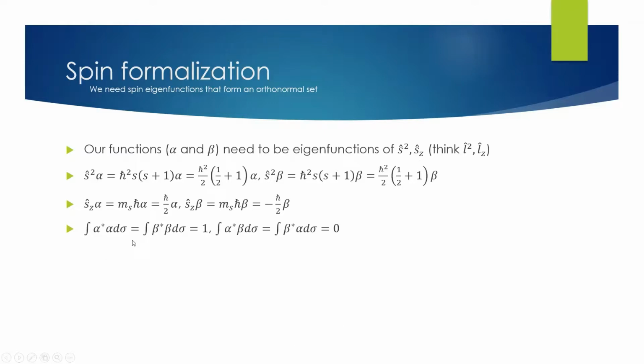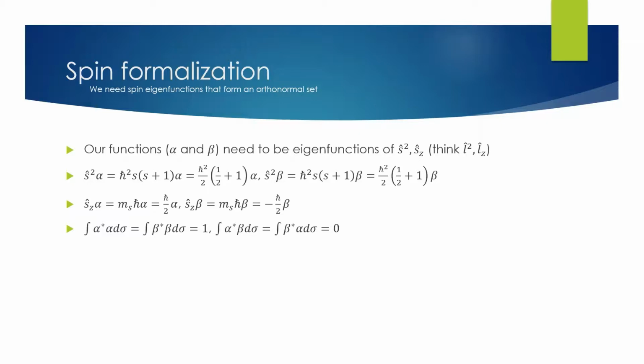So if we take the complex conjugate squared of alpha and then integrate that over its respective variable, which we call sigma, and when we do the same thing with beta, those are 1 because we're normalizing these functions. And since they're orthogonal, if we do alpha star beta or beta star alpha, we get 0. And that's our definition. So we're simply saying that this is how these spin functions operate.